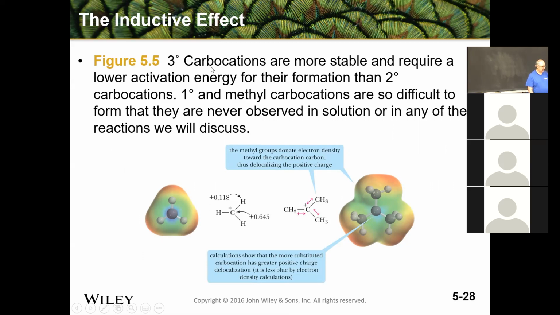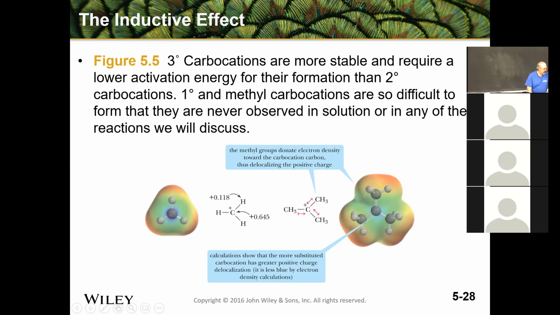Tertiary carbocations are more stable and require a lower activation energy for their formation than secondary carbocations. Primary and methyl carbocations are so difficult to form that they're never observed in solution or in any of the reactions we will discuss.